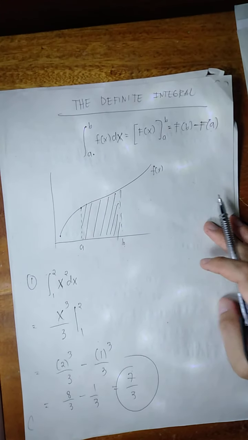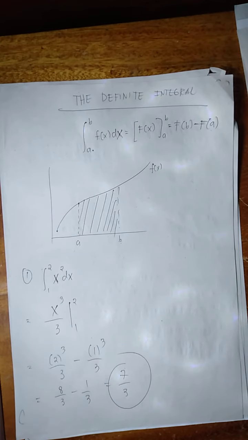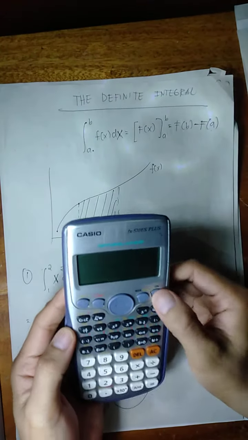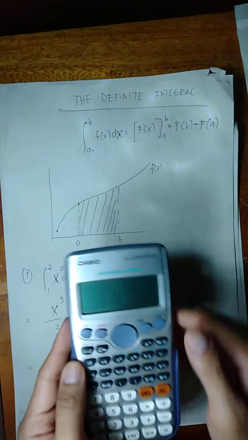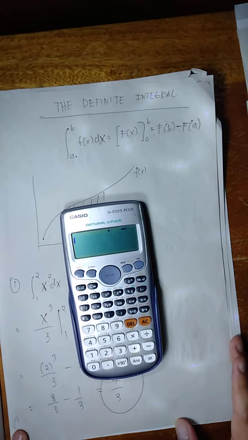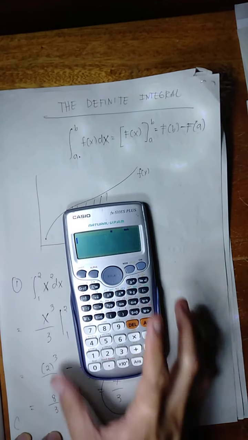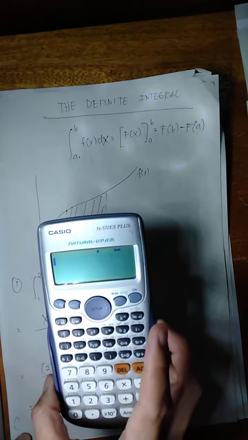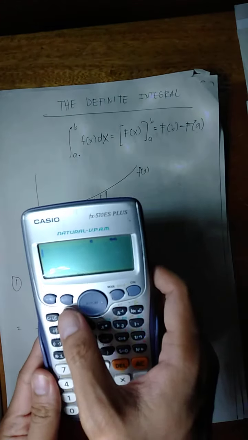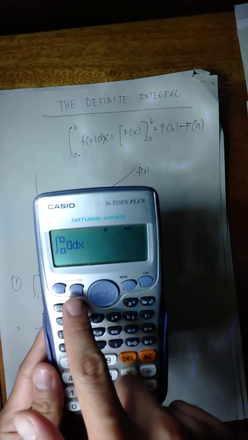Sir, is there a way to check kung tama yung sagot? Of course. Pwede mong gawin sa calculator yan. So let's try to use a calculator. Kita ba, guys? Ayan. How to use calculator? Pindutin nyo lang tong part na to.